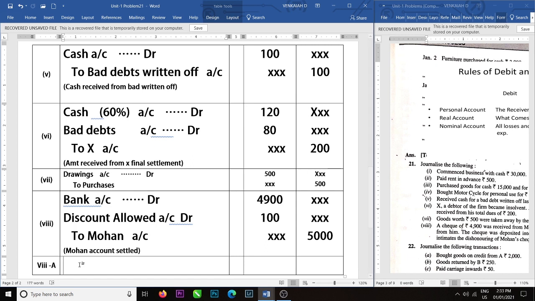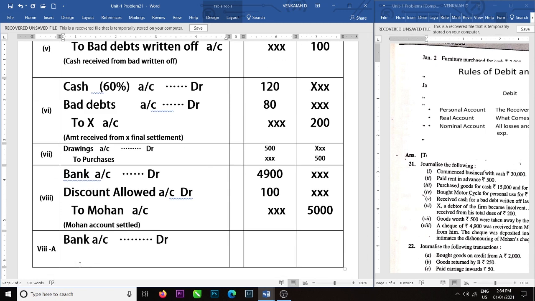Check deposited into bank, cash deposited into bank, the three are the same. Okay. Now the entry will be bank account debit to cash account. Check amount is 4,900.